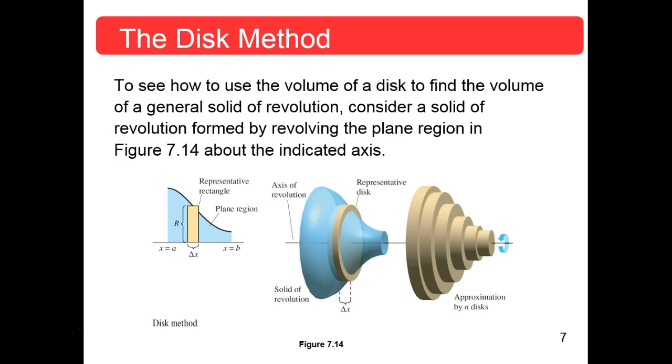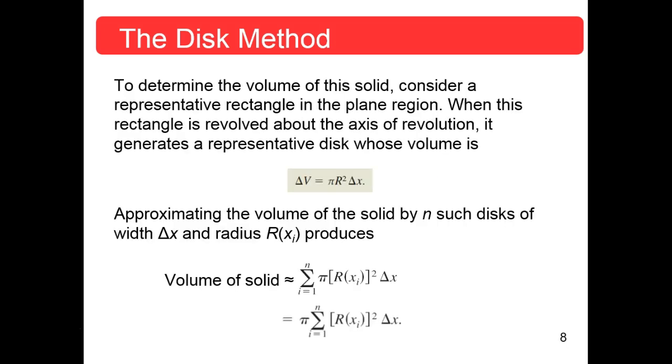And it's above the x-axis, so that's going to be the height of the rectangle. So it's the integral of pi times this height, which is your f of x squared, pi r squared, times dx. And that's it. Okay. They're going to do a little more talking than that, of course.